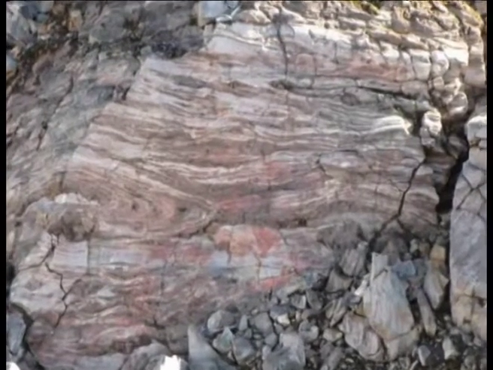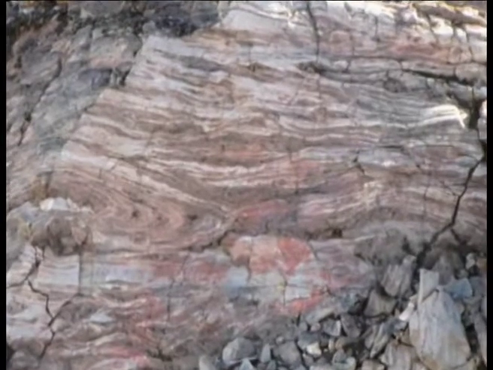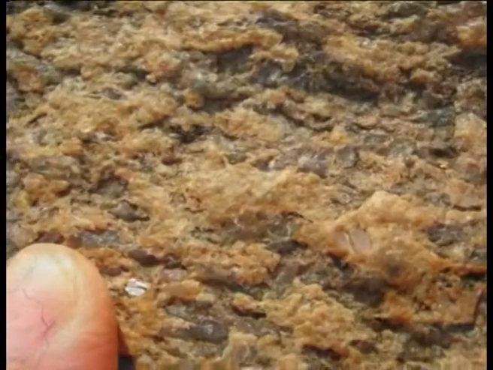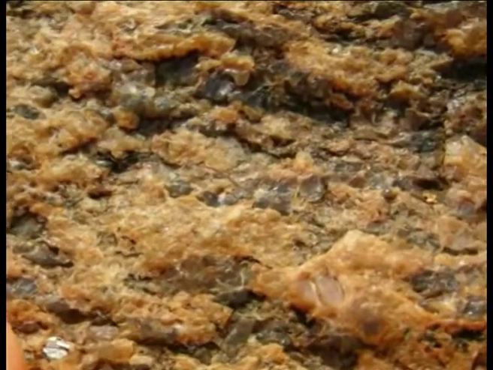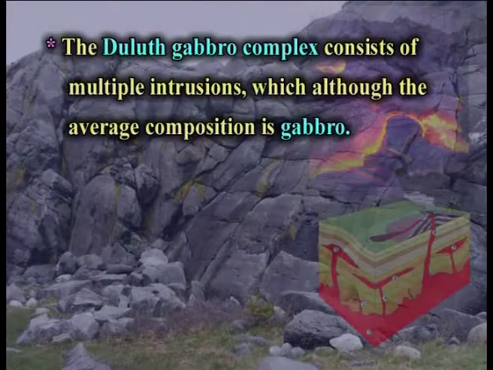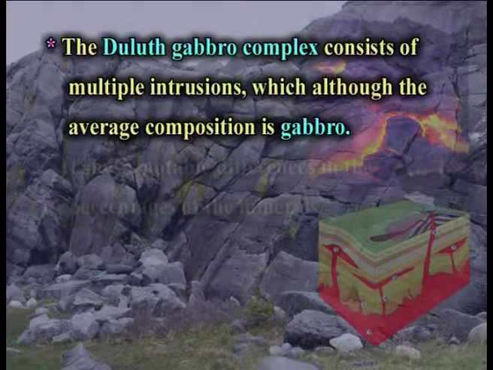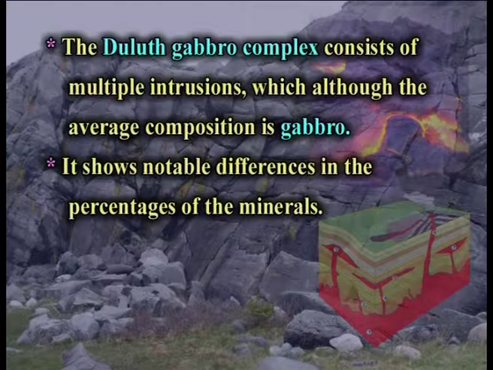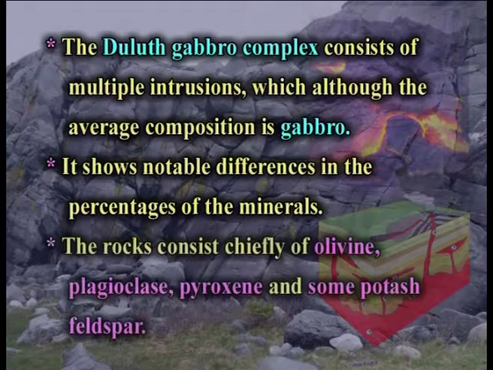Two major units have been distinguished in this area, the Duluth Gabbro complex and the granophyres, that is red rock. The Duluth Gabbro complex consists of multiple intrusions, which although the average composition is gabbro, show notable differences in the percentage of the minerals. The rocks consist chiefly of olivine, plagioclase, pyroxene and some potash feldspars.